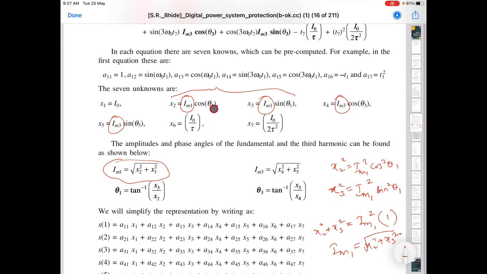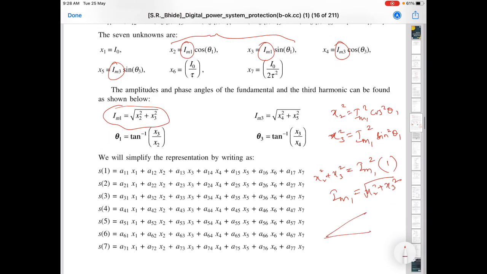Now similarly, the angle of these two terms, that is theta 1. On the same lines as you calculated IM1, where IM1 was common, theta 1 is also common, and you can calculate it. That is tan inverse of imaginary part by real part. Which is the imaginary part here? Sine is the imaginary part. Why is sine the imaginary part?